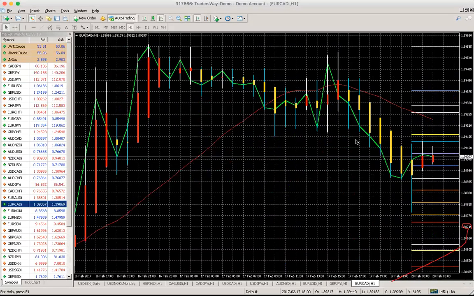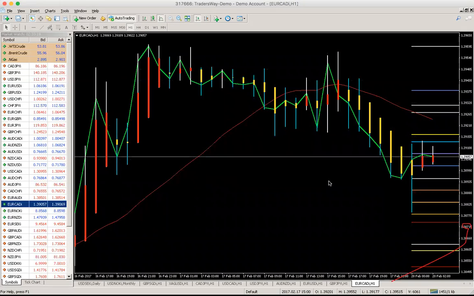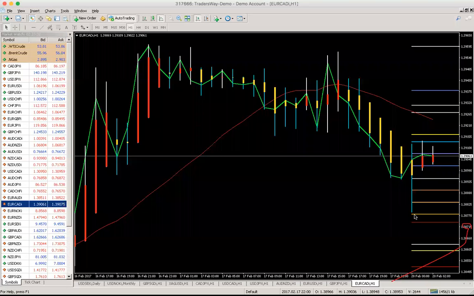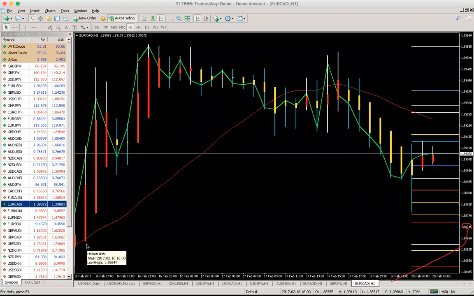Okay. Wow, EC has all types of pivots. Damn. So S1 has not been touched in a long time. This is the lowest that it's been in quite a few hours.